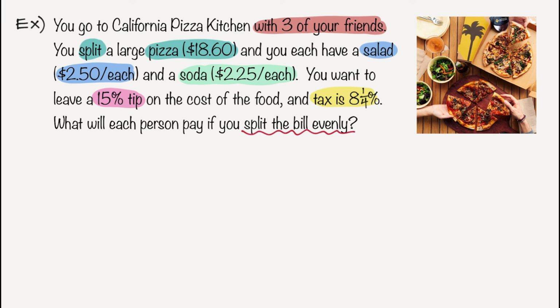I have definitely been in this scenario before with my friends, so let's break it down so you understand what you're doing. First, let's just figure out how much this food is going to cost. So I need to pay for 1 pizza, I need to pay for 4 salads, and I also need to pay for 4 sodas, okay? So this is just the basics of what we're paying for our food and drinks. So that pizza cost $18.60.